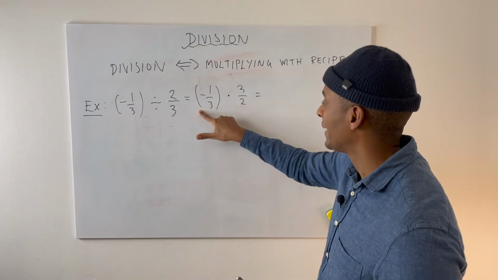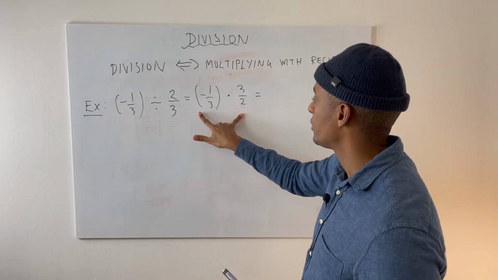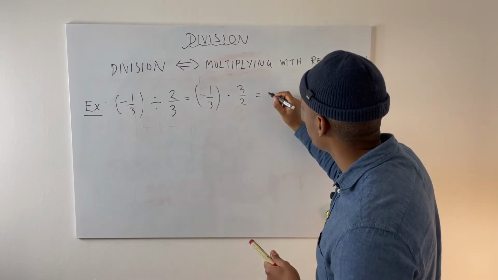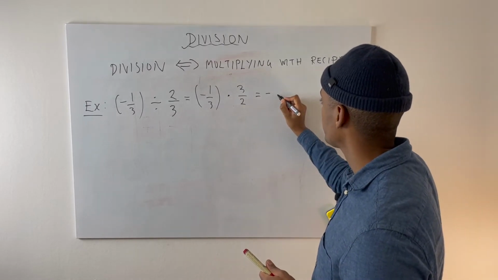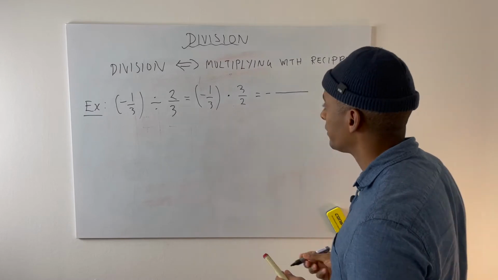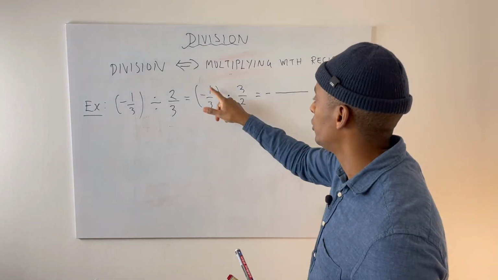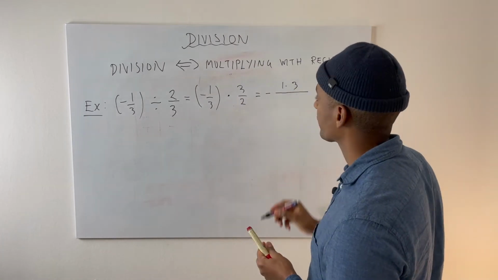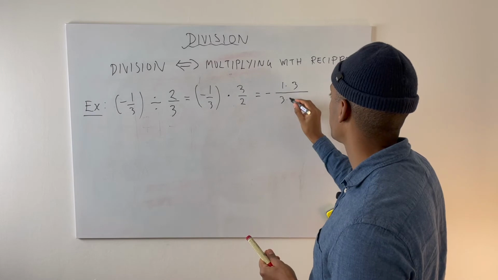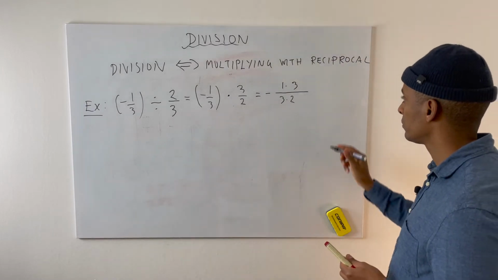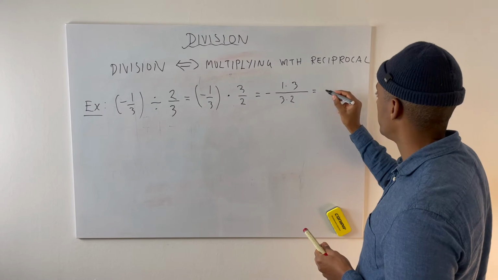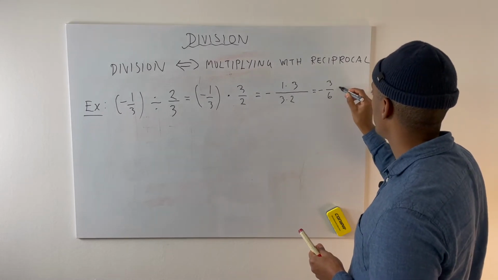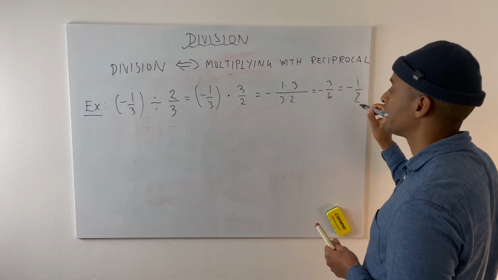So we know that this product is going to be a negative number, so we keep that negative sign on the outside. Then we make a line and multiply the numerators, 1 times 3, and the denominators, 3 times 2. This simplifies to minus 3 divided by 6, which is equal to minus 1/2. That's the final answer.